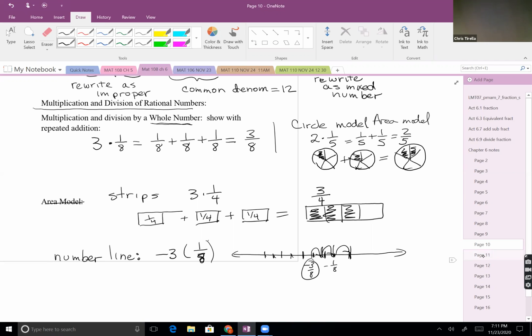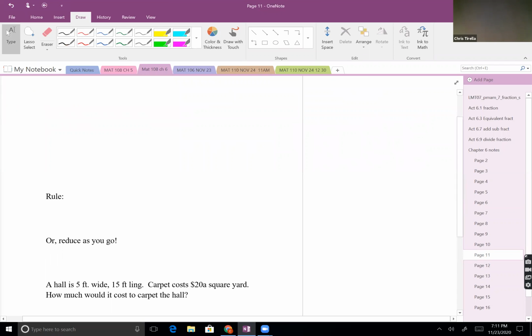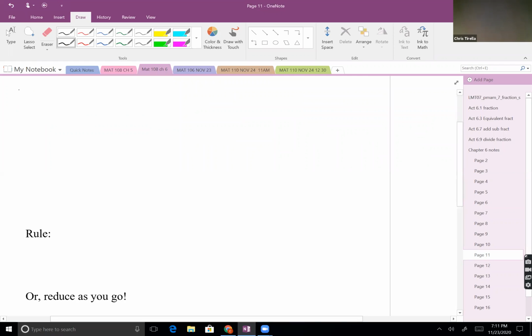Instead, if I wanted to look at multiplying a fraction by a fraction, this is where I think an area model is a great way of showing it. Let's say I wanted to take 1/2 times 1/3.